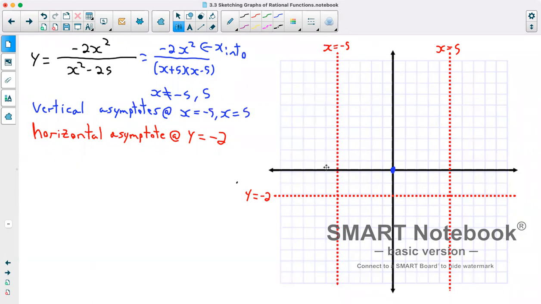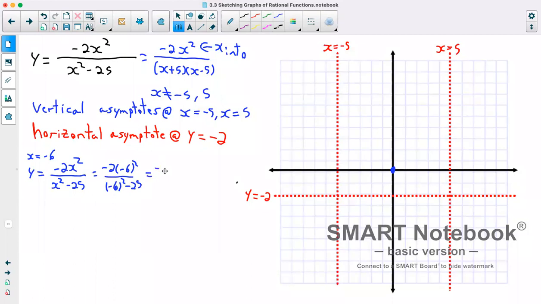So just over here would be x equals -6. So I'll try putting x equals -6 into our equation of y equals -2x squared over x squared minus 25. So that's -2 times -6 squared over -6 squared minus 25.